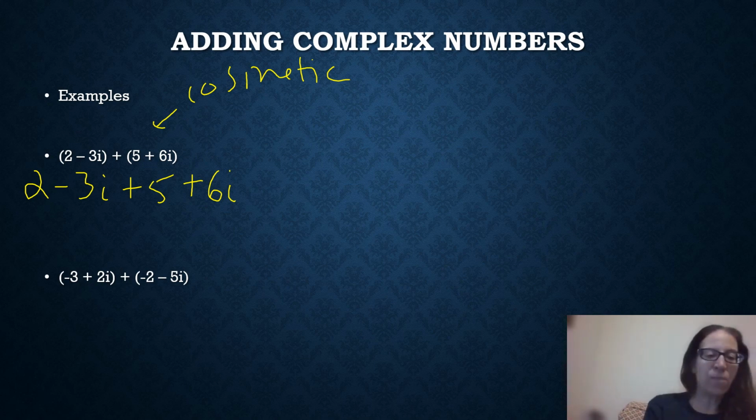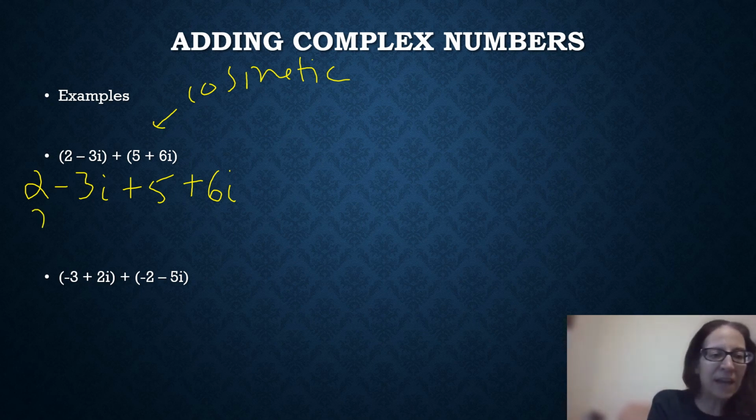In an addition problem, the parentheses are cosmetic, and all they do is they serve the purpose of separating the two complex numbers from each other, but they don't actually affect the mathematics of it at all.